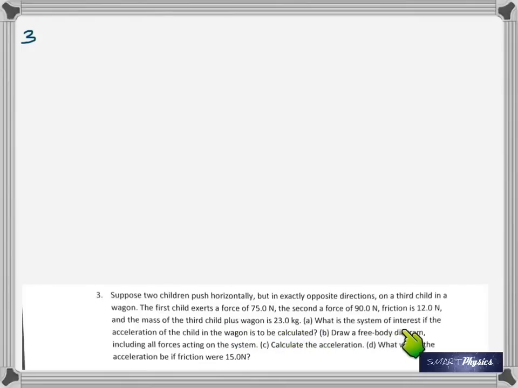What is the system of interest if the acceleration of the child in the wagon is to be calculated? The answer is in the question. What is the system of interest if what is to be calculated? The acceleration of the child in the wagon. So the third child is the system of interest, because that's what you're asked to calculate, correct? So when you draw a diagram, it'll look something like this.